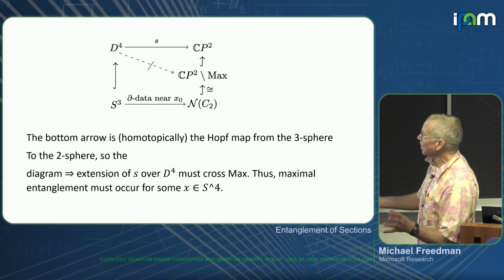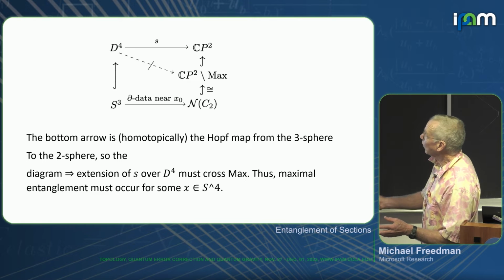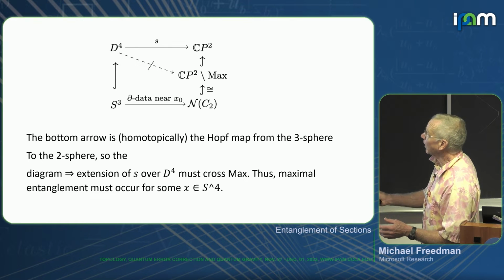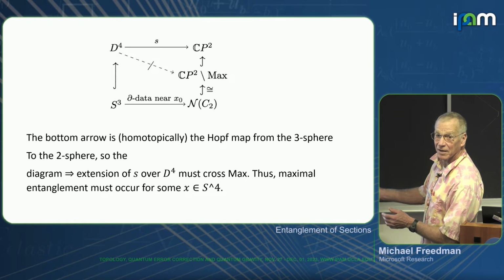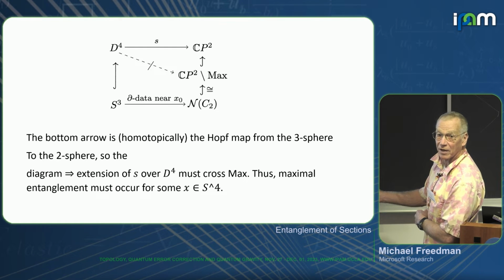Changing the coordinates doesn't change the amount of entanglement. So you'll never hit max. If we didn't hit max at x0, we won't hit max under those changes of coordinates. But a large neighborhood of C2 is the same thing as just deleting max, deleting the projective plane. That's that product structure I indicated.